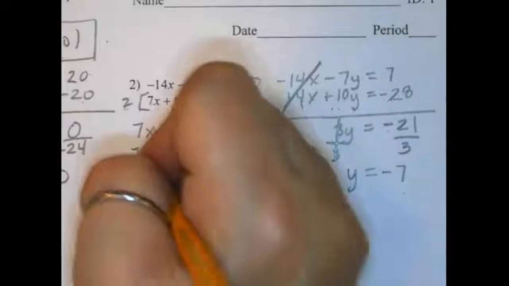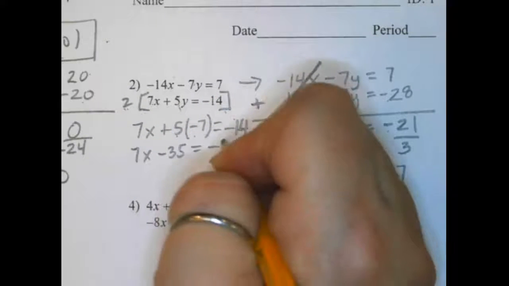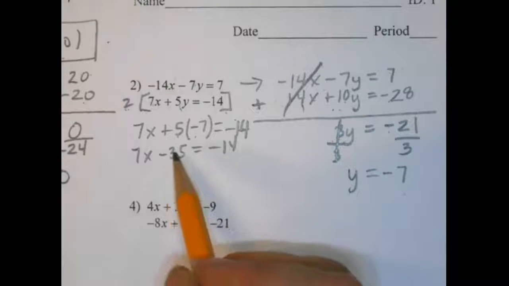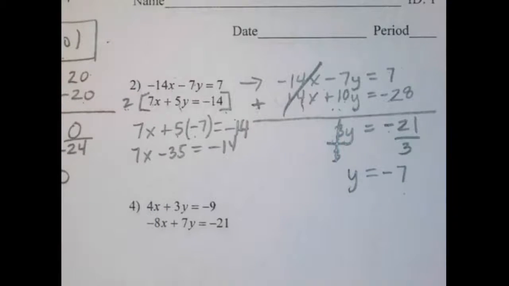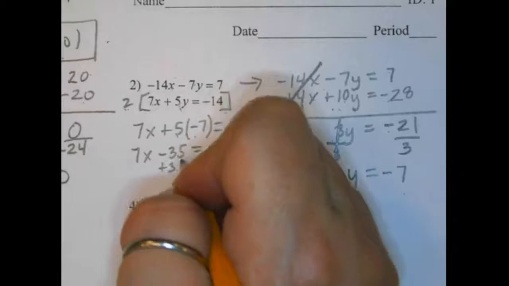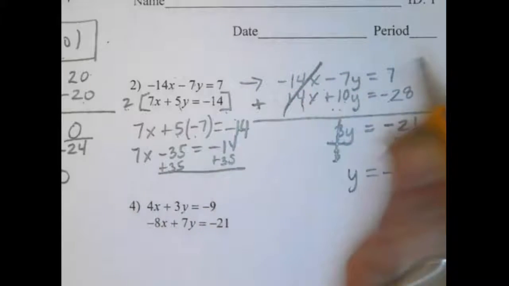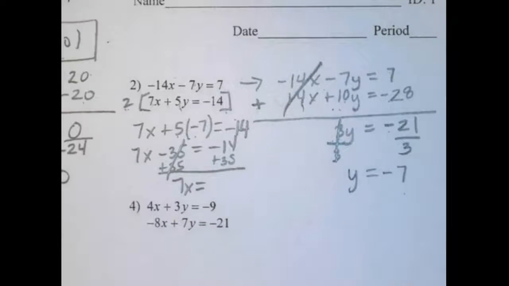So 7x minus 35 equals minus 14. How do I move this negative 35? Adding the opposite. Go to your list. Plus 35. Plus 35. Leaves me with 7x because this eliminates.